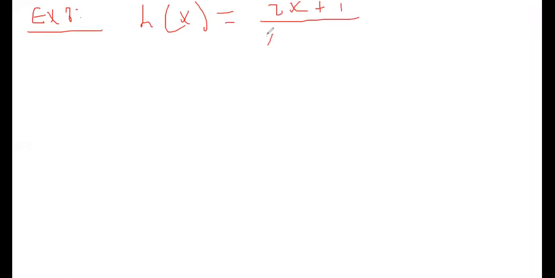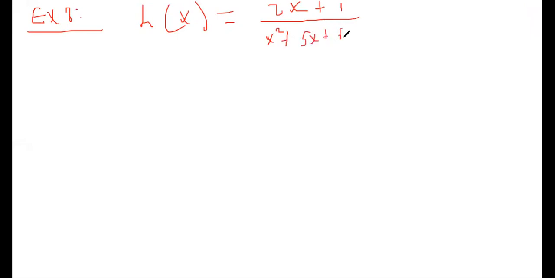So we were looking at this function, and it was example 3. So we have a function h of x equals 2x plus 1 over x squared plus 5x plus 6.